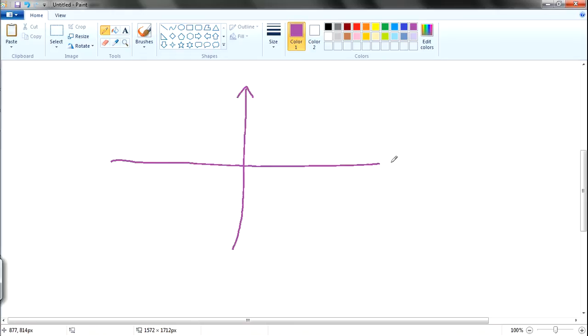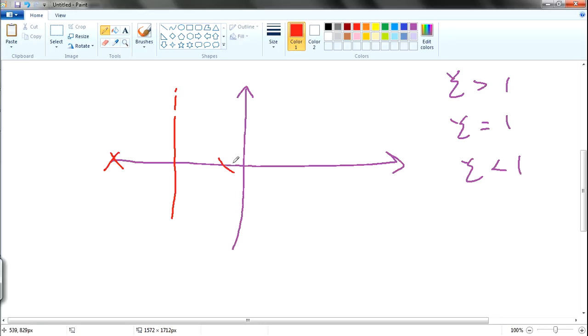Let's say we have this graph over here. Let's say your damping factor is larger than 1, and then smaller than 1. Maybe I should plot it out. When it's larger than 1, this is the pole.